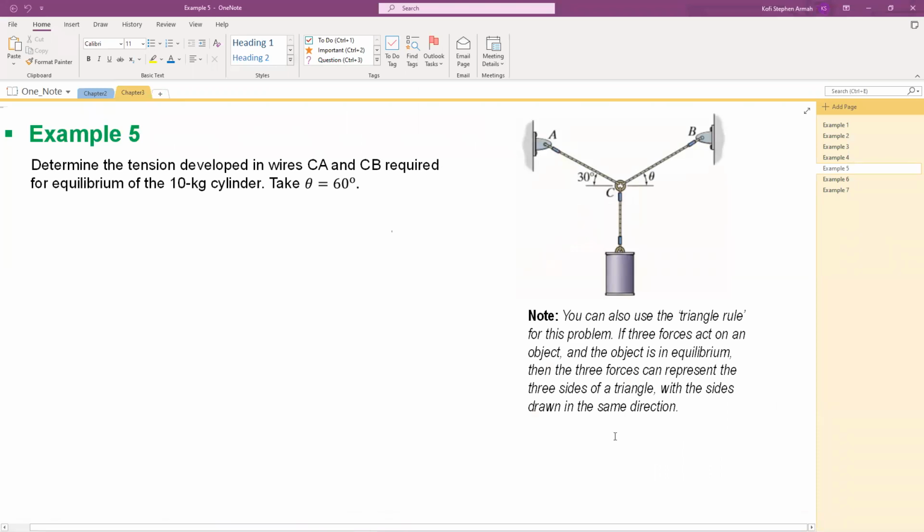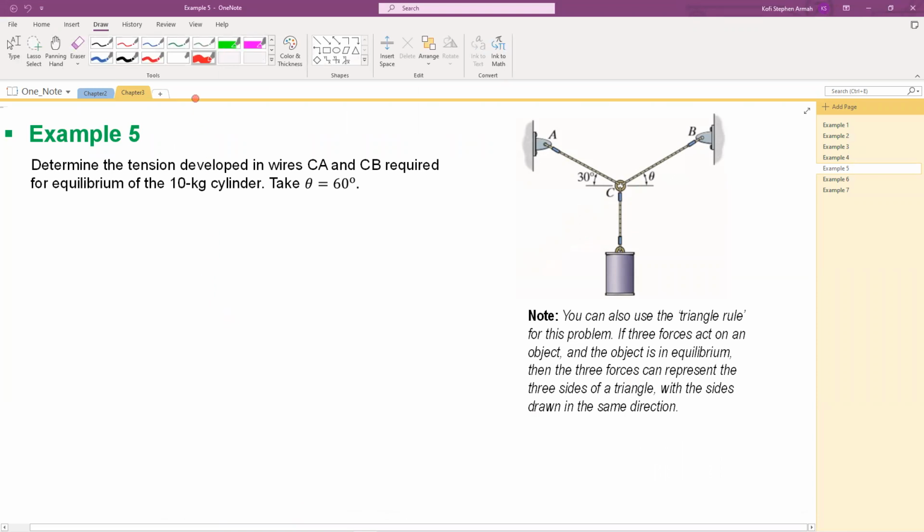So the first thing is you draw a free body diagram. Please, you have to draw a free body diagram. So you make a point here, and then you show the forces. There's a force here, which, of course, you get by cutting the rope.